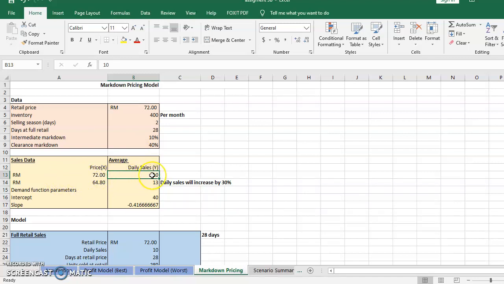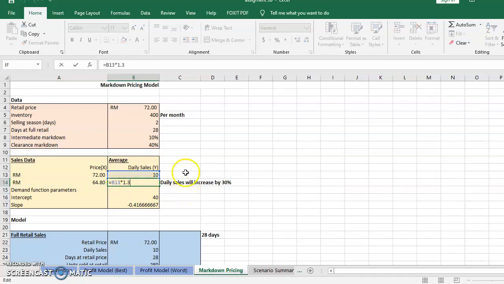If I sell at a discount price of 10% from the full retail price, which is 64 ringgit and 80 cent, I will manage to increase my daily sales by 30%.